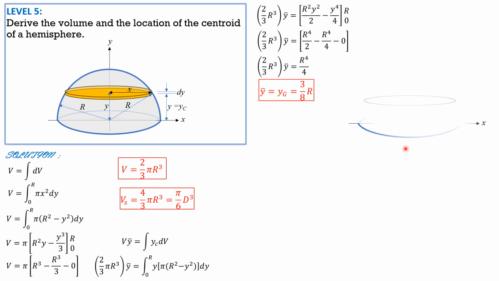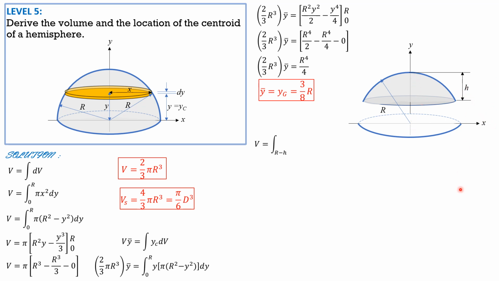Now for a spherical segment of one base. If the thickness, or the height, of the spherical segment of one base is h, then this is radius minus h. So volume would be the integral from this level, which is R minus small h.